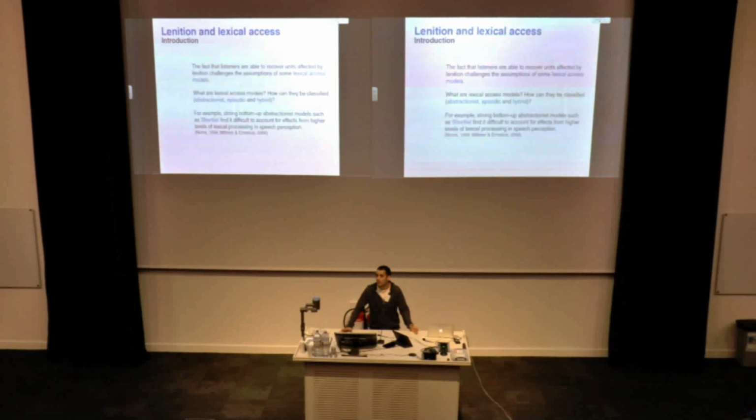And then you have other models that don't necessarily require underlying abstract units, episodic models. And some models find it very hard to explain why on some occasions listeners seem to use lexical information to process lower levels of speech perception. For example, Shortlist is a very well-known example.